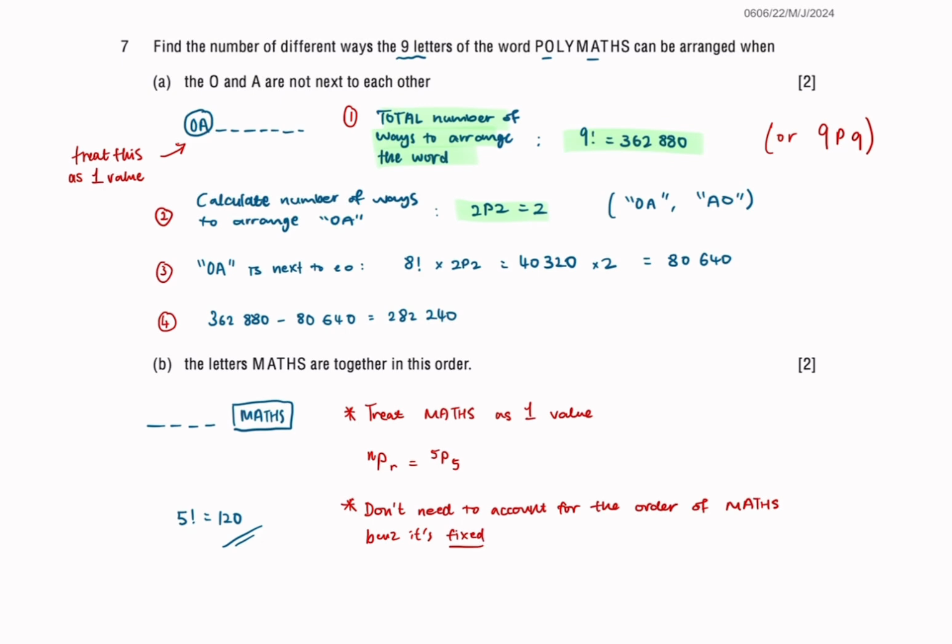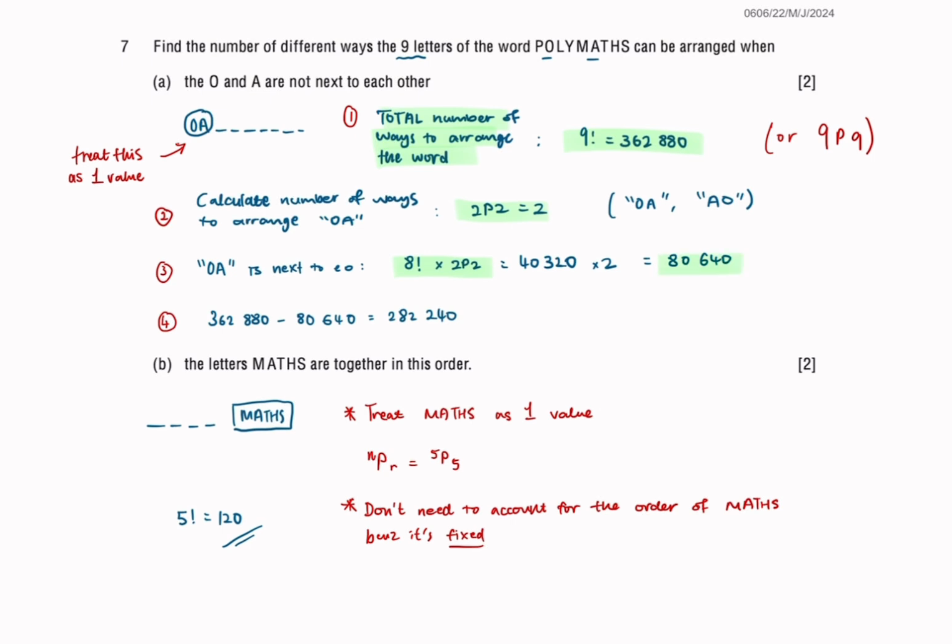I'll take the 7 letters plus OA as one block, which will be 8 spaces in total. To arrange the 8 spaces, it will be 8 factorial or 8P8. And then I also have to include my arrangement of OA, which will be 2P2. So I multiplied these two to get this.